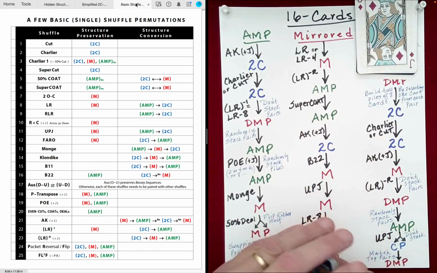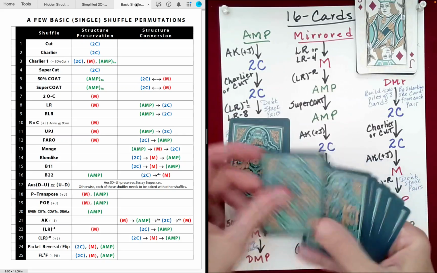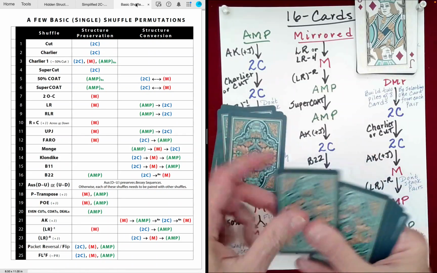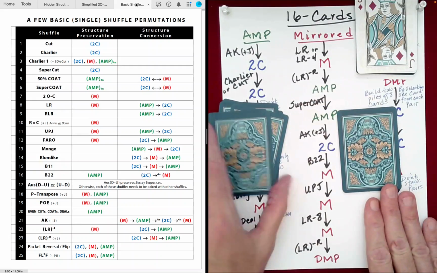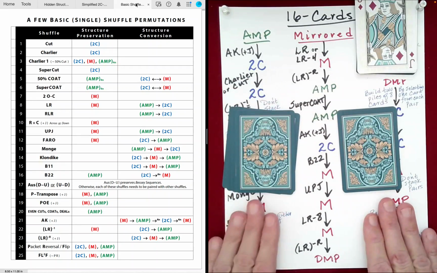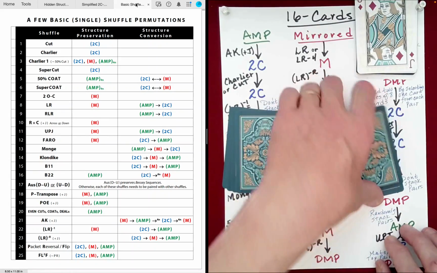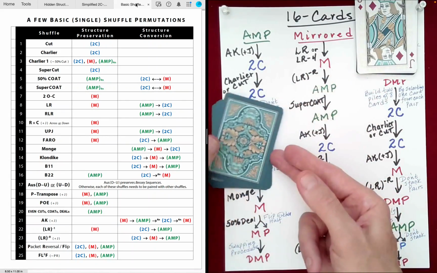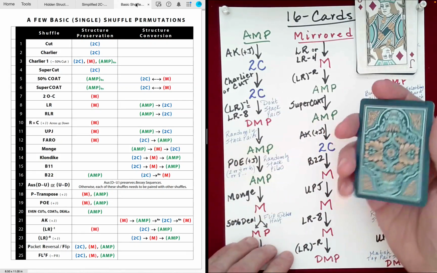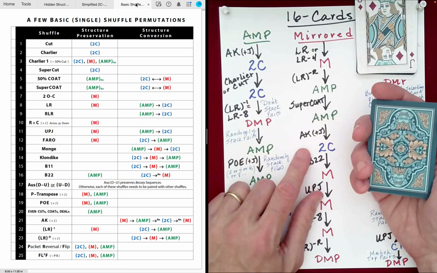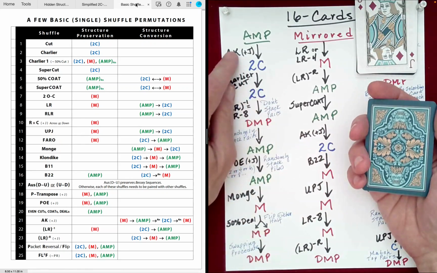So a supercoat, how does that work? You just deal out half the cards, 1, 2, 3, 4, 5, 6, 7, 8, set the other ones down, and now the spectator is free to stack the left pile on top of the right or the right on top of the left. It doesn't actually matter. It won't hurt the fact that it's still an AMP. Isn't that amazing?